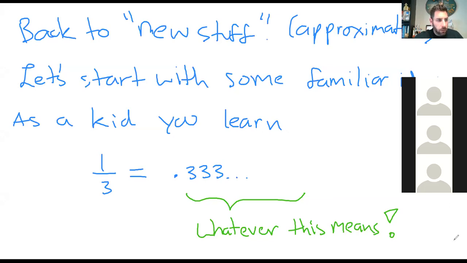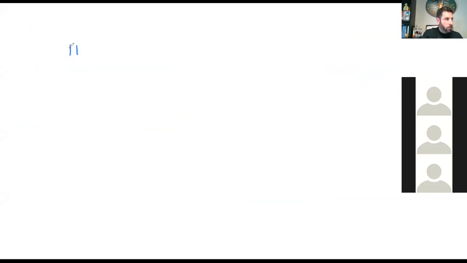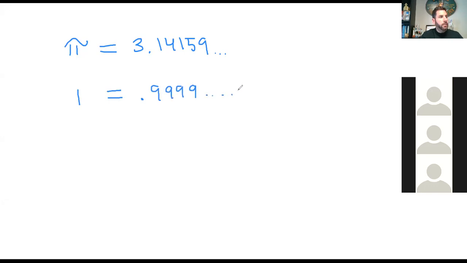Similarly, you might learn that pi is equal to 3.14159, and then these three dots, these ellipses. Perhaps someone even taught you in school that 1 is the same thing as 0.9999, like this.